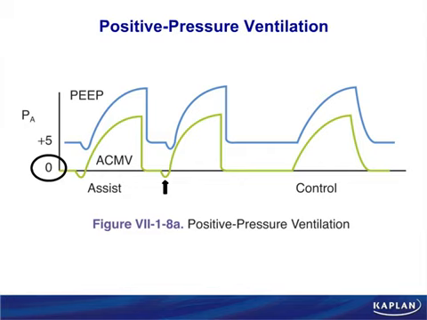So one of the downsides of positive end expiratory pressure is that you don't return to FRC. And remember that pulmonary vascular resistance is lowest at FRC.